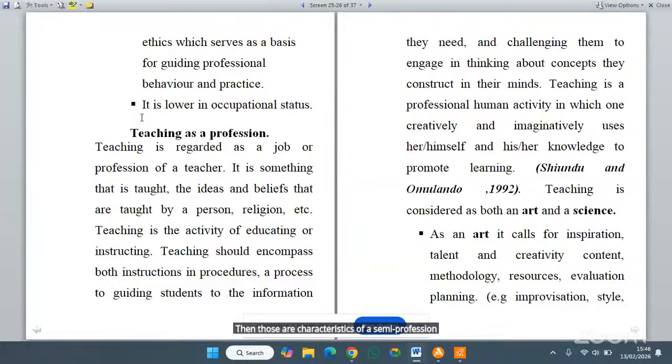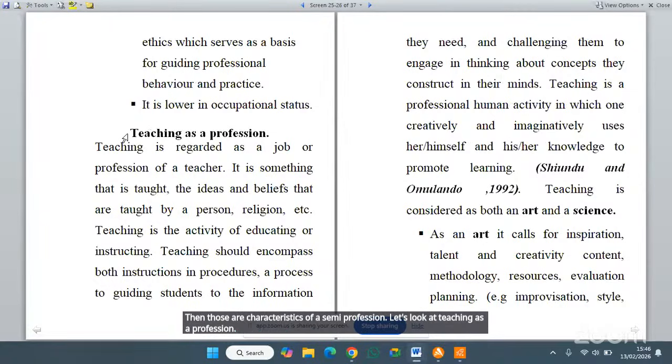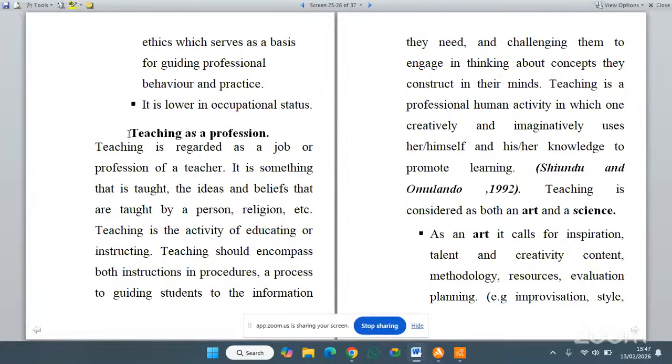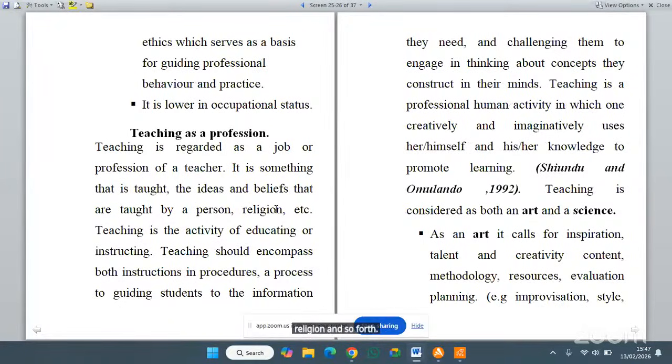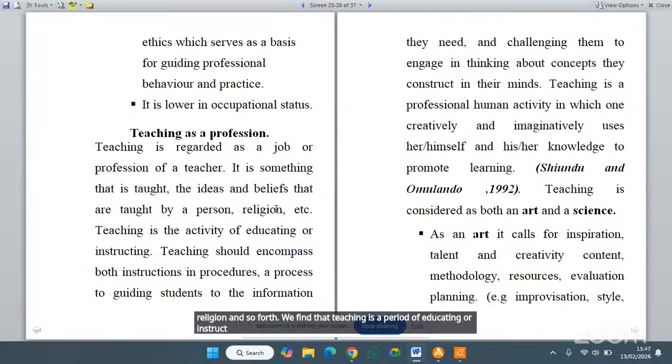Let's look at teaching as a profession. Teaching is regarded as a job or a profession of a teacher. It is something that is taught, the ideas and beliefs that are taught by a person, religion, and so forth. Teaching is the activity of educating or instructing.